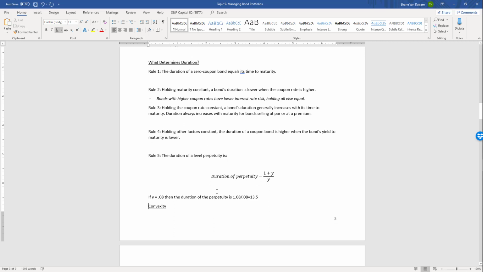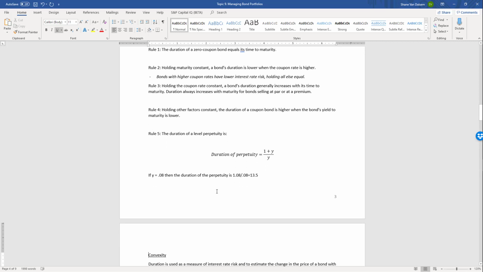Remember, a perpetuity is a bond or a debt that does not mature.